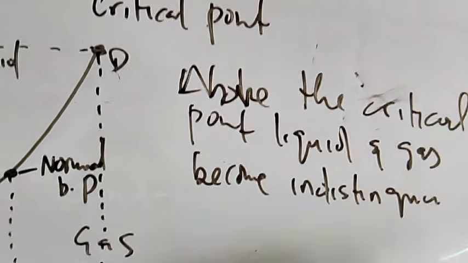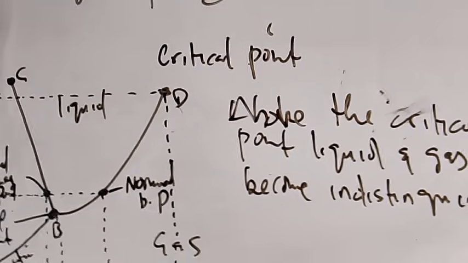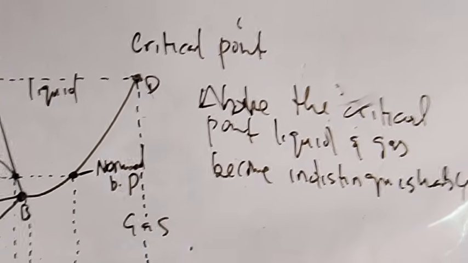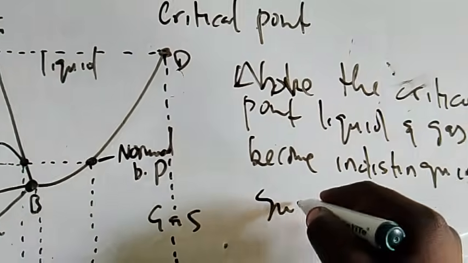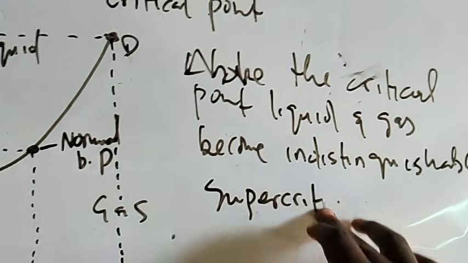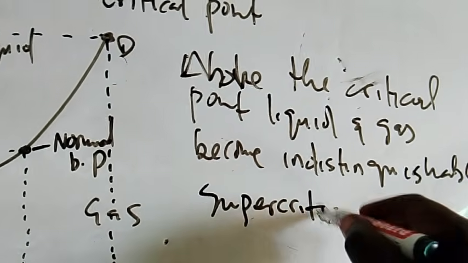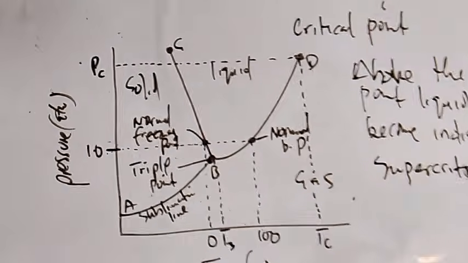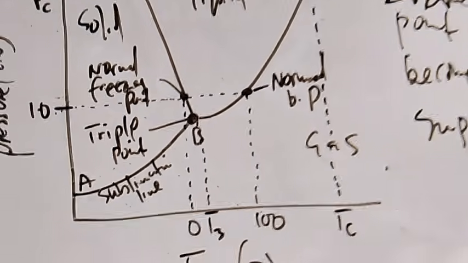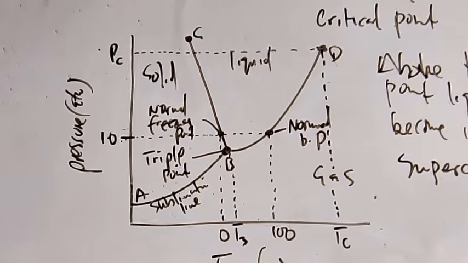So that is what we call supercritical fluid. Okay, then what is the significance? What is the significance of this phase diagram of water?